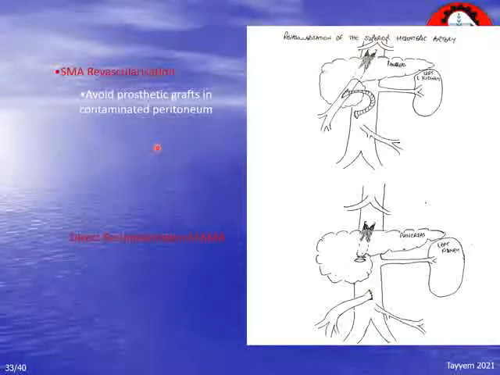So how to do revascularization? You have to try your best to avoid putting a prosthetic graft in contaminated peritoneum when there is dead bowel and perforation and release of the bowel content. Direct reimplantation of the SMA is another method.